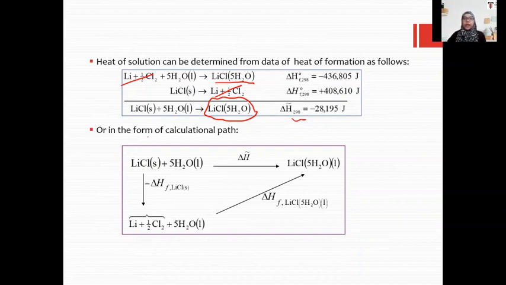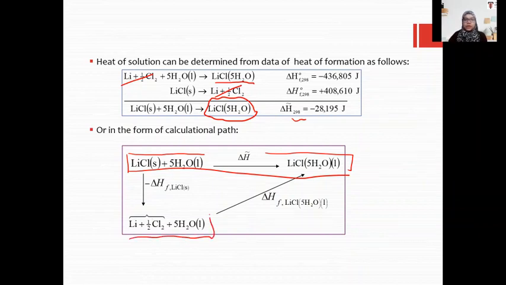The other way is from the calculation part. For example, these are the required reactions to produce the lithium chloride in 5 mole of water. The first part is from the lithium chloride of 5 mole in 5 mole of water, we can produce this heat of formation.